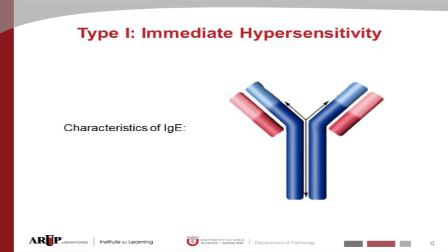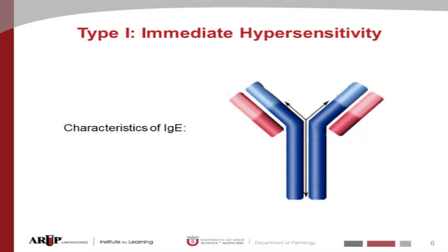IgE does not activate complement. It does not cause agglutination. It does not act as an opsonin. And it's found in only trace amounts in the human blood, in serum or plasma. Only 0.004% of the serum immunoglobulin is IgE class.